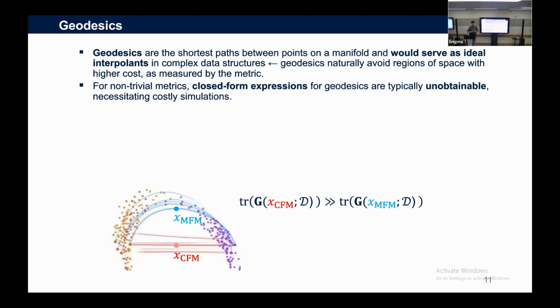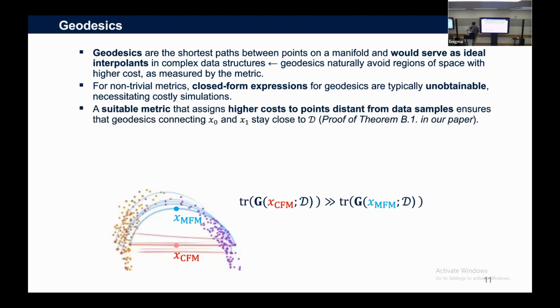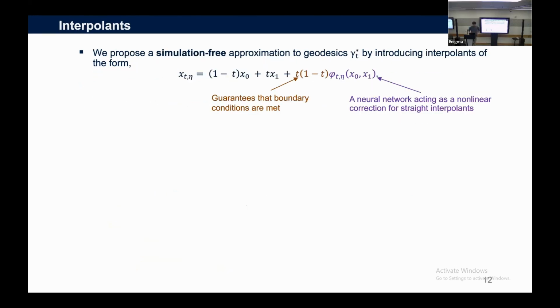Again, these would be simulations, because you would have to solve differential equations numerically during training, for any pair of points. So you don't want to do that. Because we like deep learning, and deep learning kind of works most of the time, let's learn paths that roughly behave as geodesics instead of computing geodesics exactly.